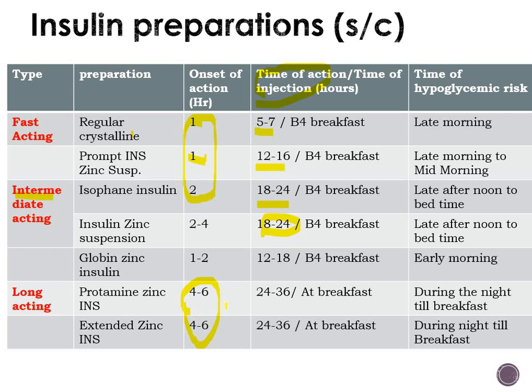So what is the technical point? The technical point is you have to give long-acting insulin, and probably this is the reason that you have to give this long-acting insulin during the night and so do at breakfast. But the point is that the time of possible hypoglycemia risk is during the night till the breakfast. This is a technical point to remember.